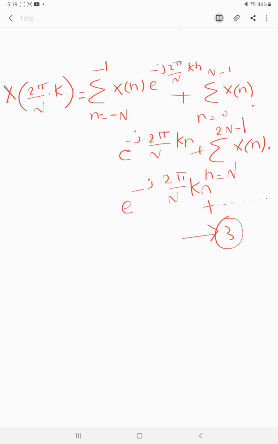This is nothing but the expanded equation of X(2π/N · k).